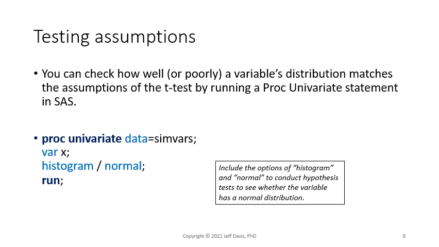You indicate the variable, here just a generic X. And you want to make sure you put in these options, histogram / normal. Because with those in there, SAS will run a full check of your data, and you'll be able to assess whether your data meets at least some of the assumptions of the t-test.